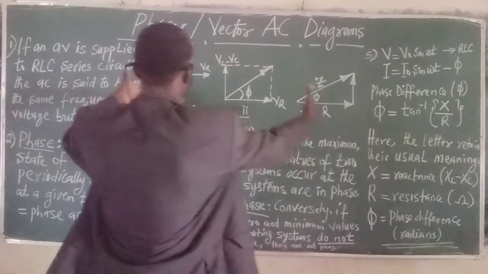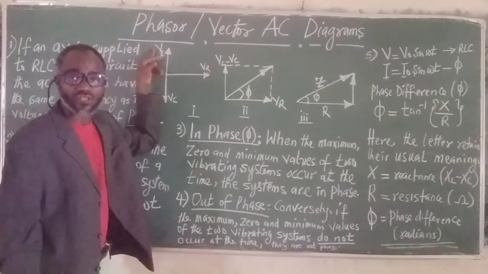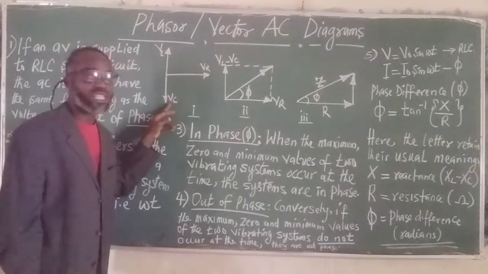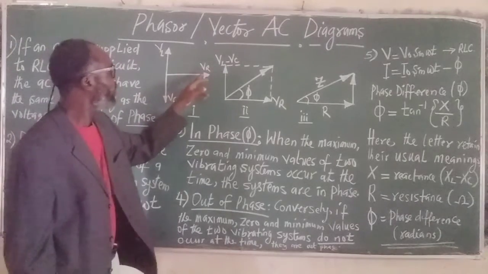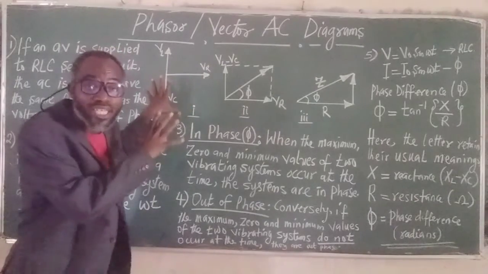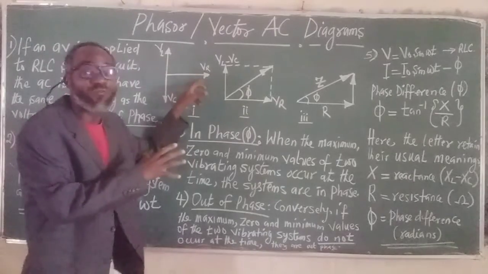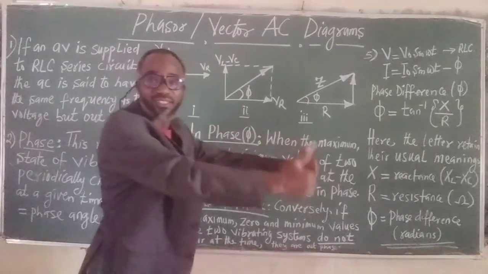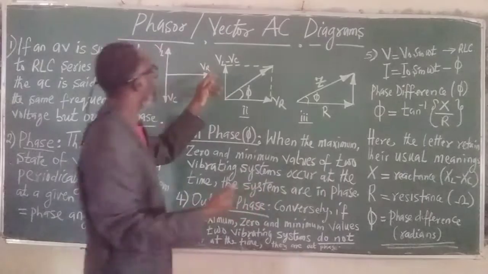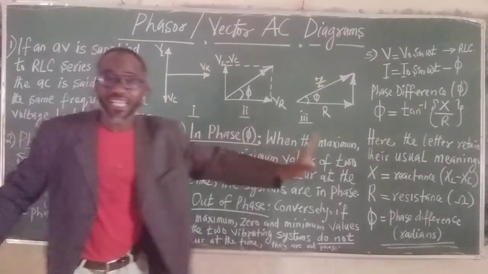Now back to these points. Look at this. We have inductive voltage, capacitive voltage, and we have resistive voltage. If you look closely, you'll see that the inductive voltage and the resistive voltage seem to be in phase. But resistive voltage and capacitive voltage seem to lag each other.